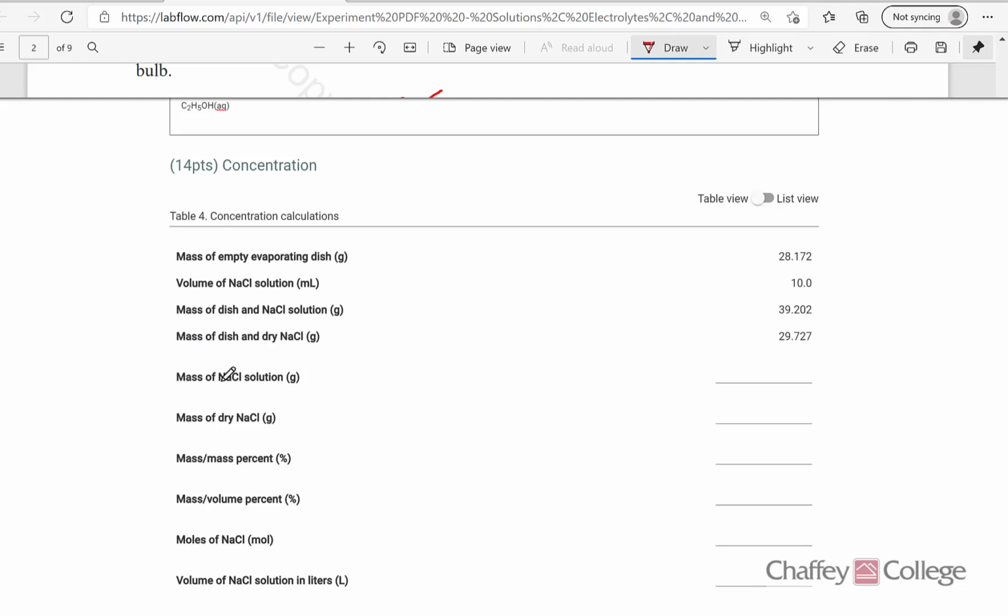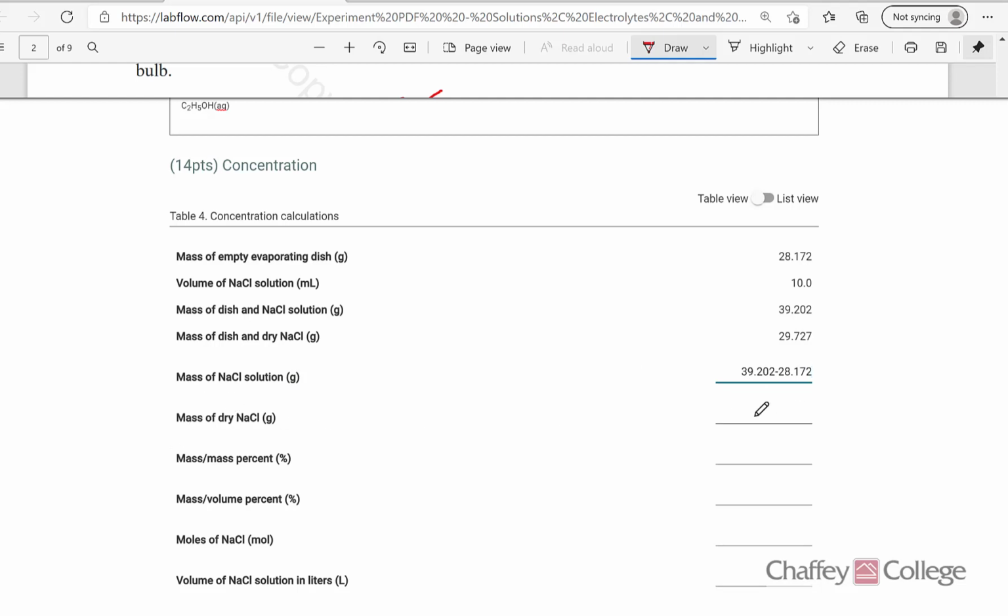If we want to find the mass of NaCl solution, we will take the mass of dish and NaCl solution and subtract the mass of the empty dish. In this case, this number will be 39.202 minus the mass of the empty dish, which is 28.172. That will give us the mass of NaCl solution.